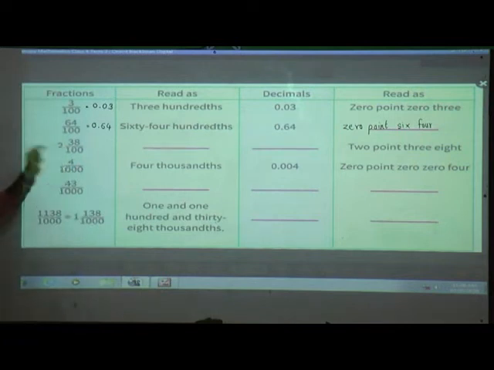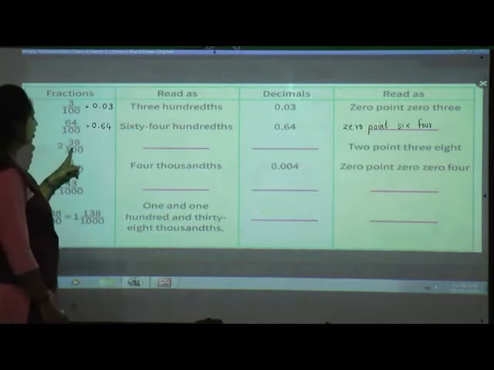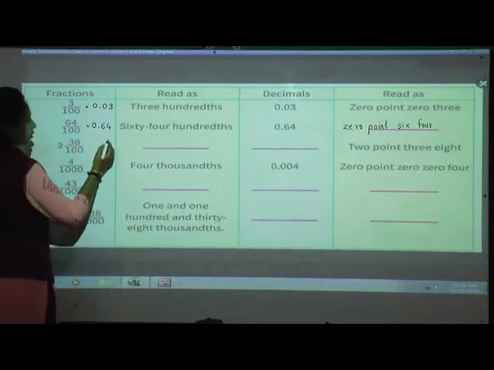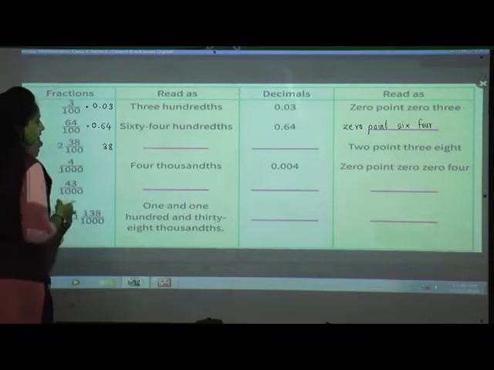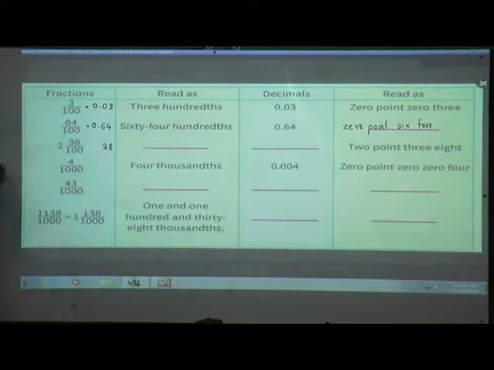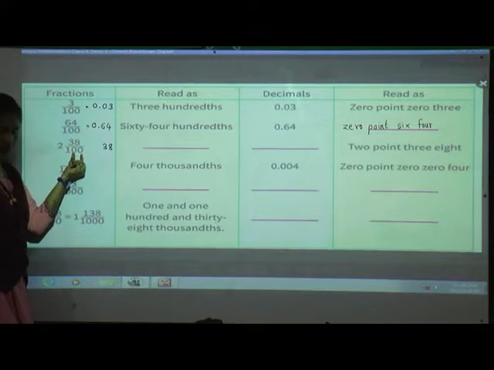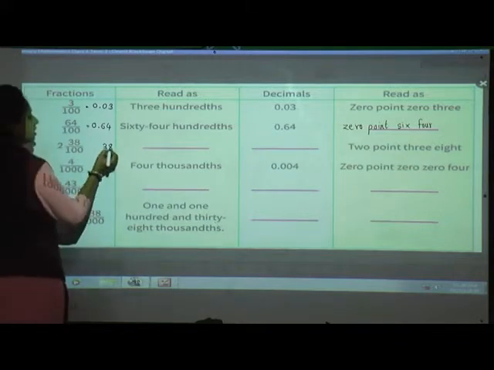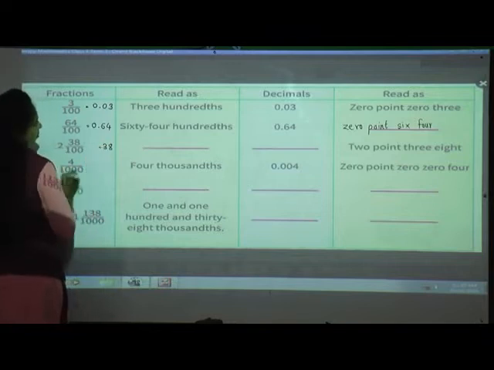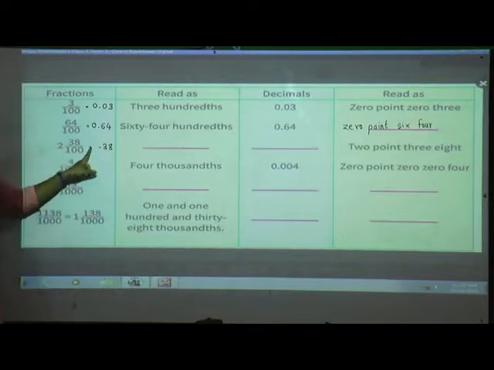233 upon 100. Here the whole number is given. Okay, so what you have to do: write first the numerator as it is, then see 1 is followed by 2 zeros, then we have to give the decimal point after 2 digits. Now here we will not write 0. Why?